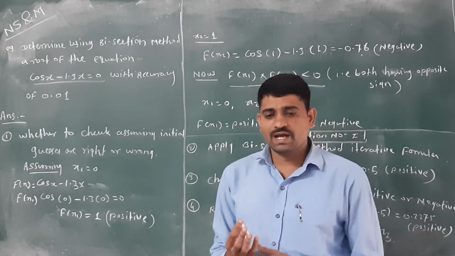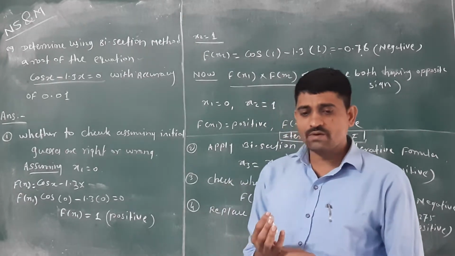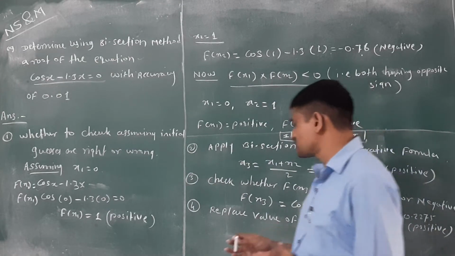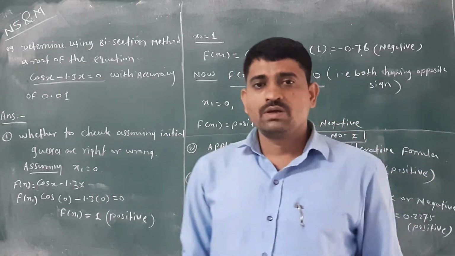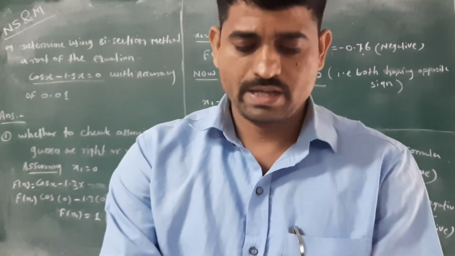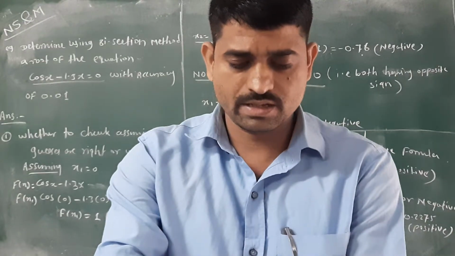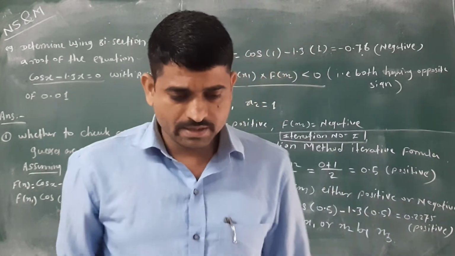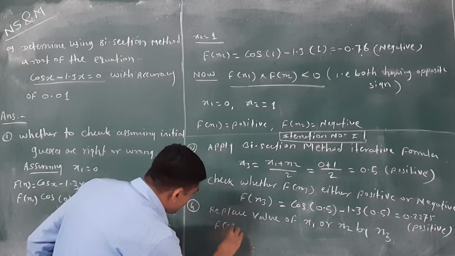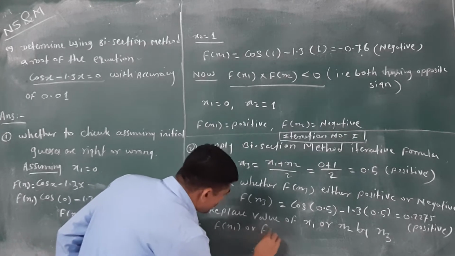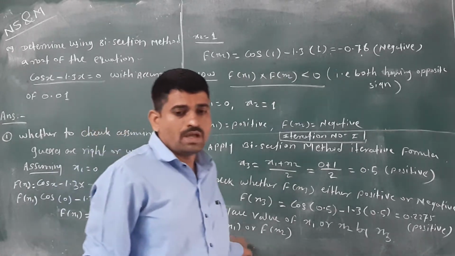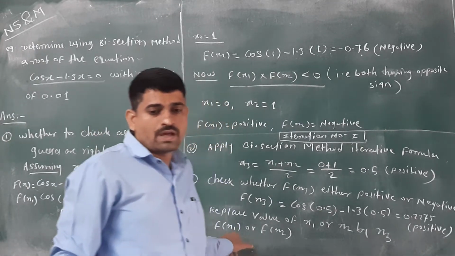Okay, this is clear. In step number 4, you have to replace the value of x1 or x2 by x3. Then we again have the same situation as before, and you have to check the values again. Which values? F of x1 and f of x3. I will check both values. Again we can check the value of f of x1 or f of x2.